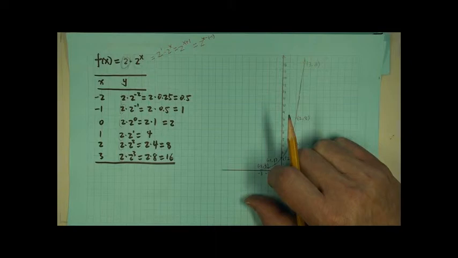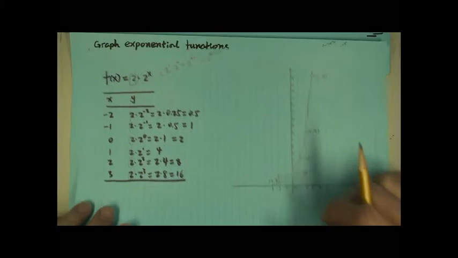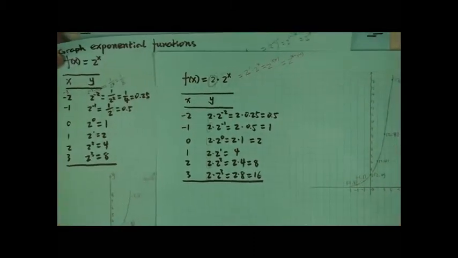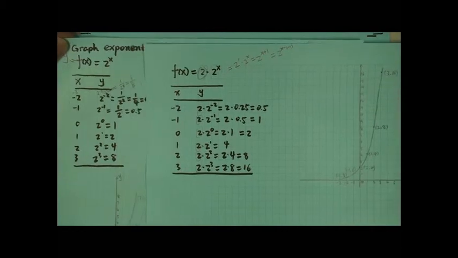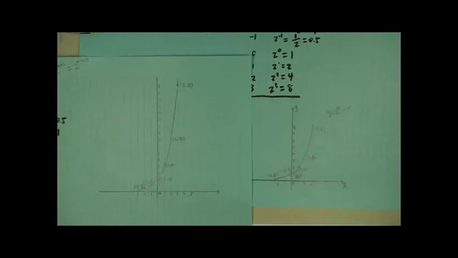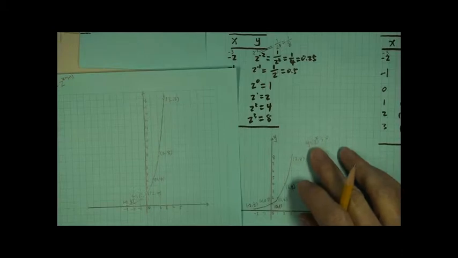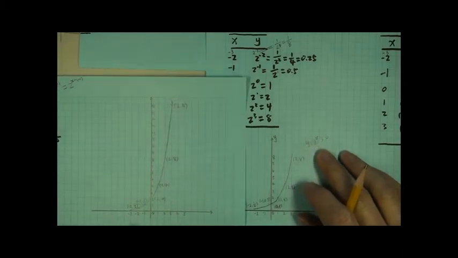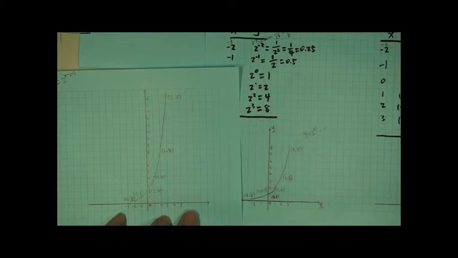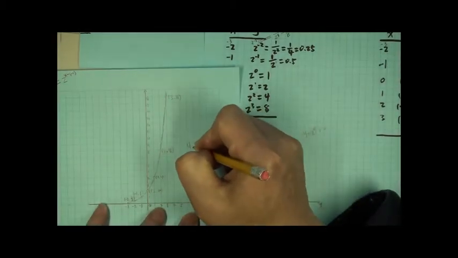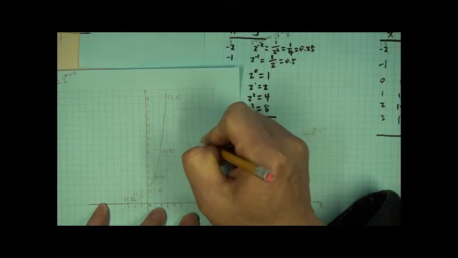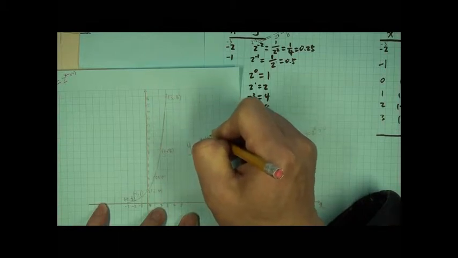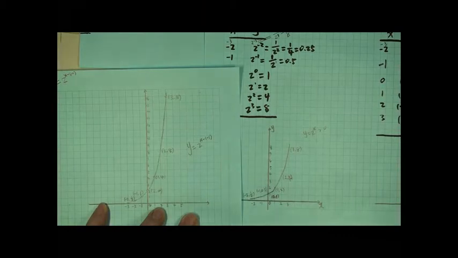Look, comparing to the picture we drew just now, this is what we have for y equals 2 to the x, and this one is y equals 2 to the x minus negative 1. That's what we get.